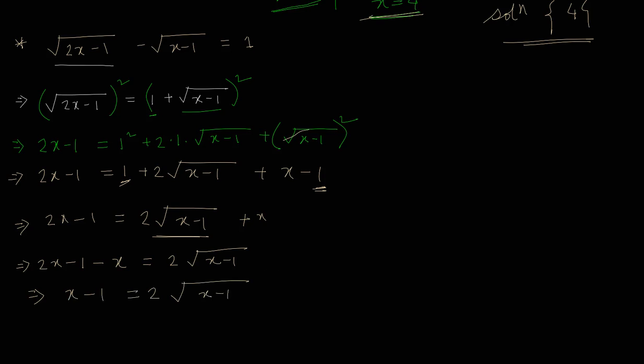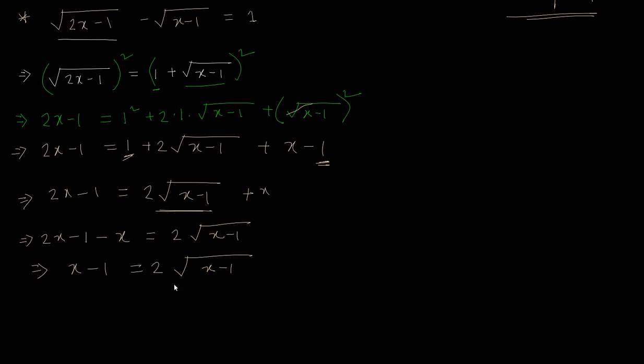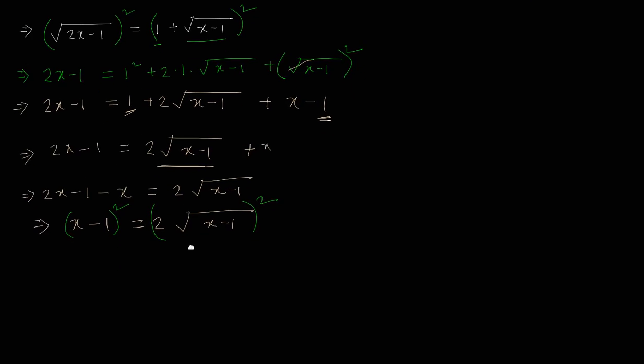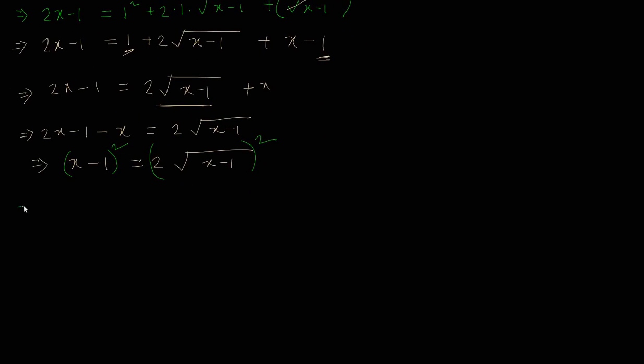Now again, we are going to square both sides. So this is squared, and this whole thing squared. Here I have x minus 1 square, so it is going to be x square minus 2x plus 1 on this side.